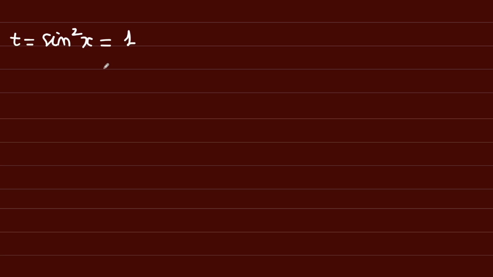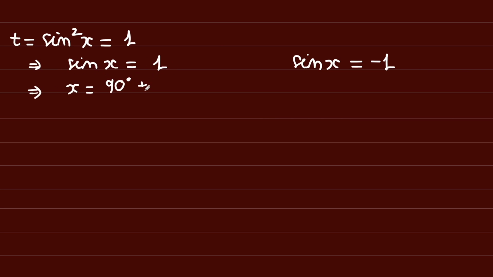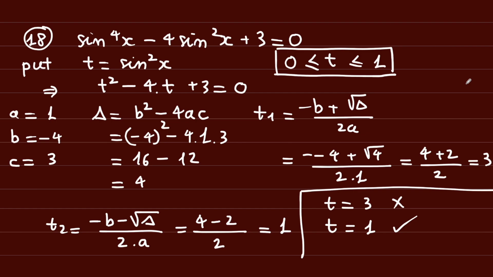This is very easy now because for the previous exercise we already finished this. Sine h equals minus 1 and 1, special values for sine, so h equals 90 degrees plus 360 degrees multiplied by n, and for the second, minus 90 degrees plus 360 degrees multiplied by n. That is the solution of question 18.